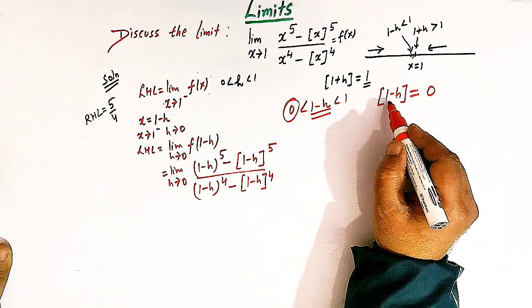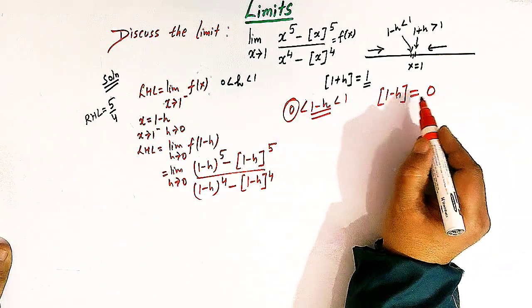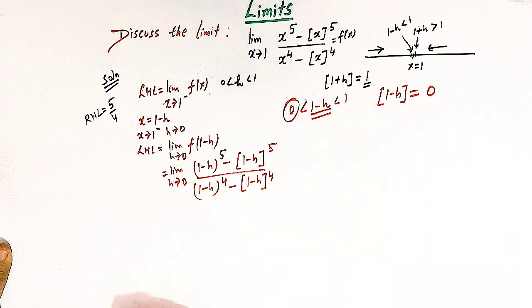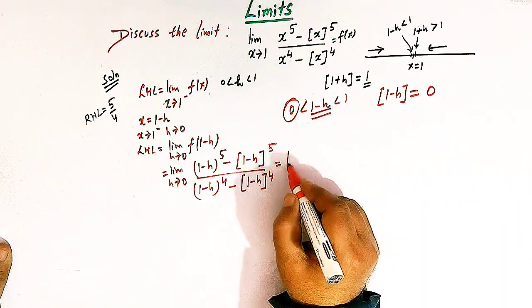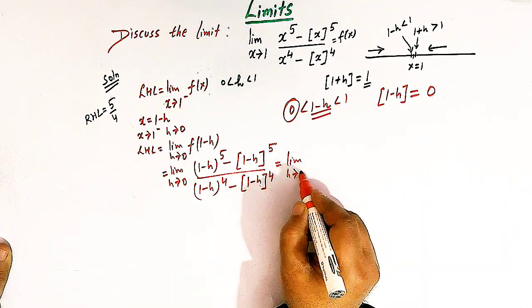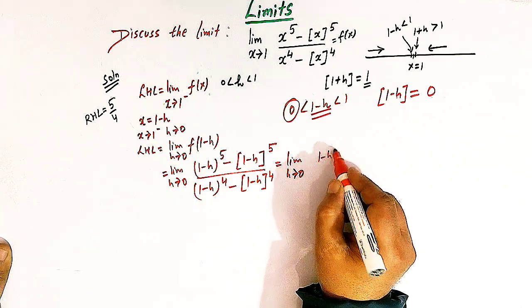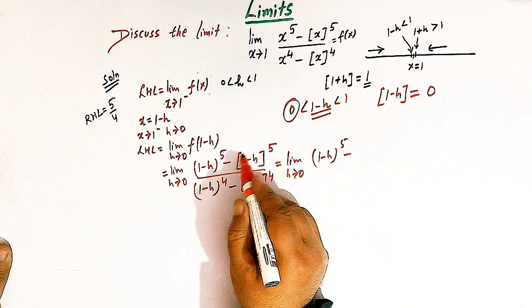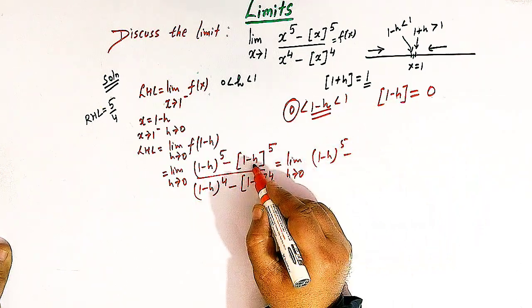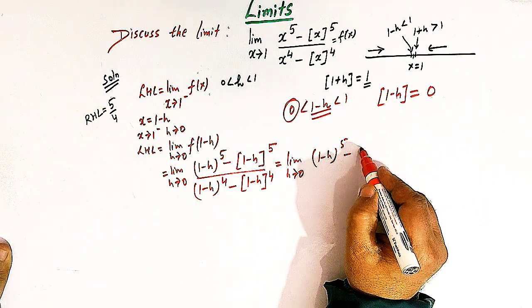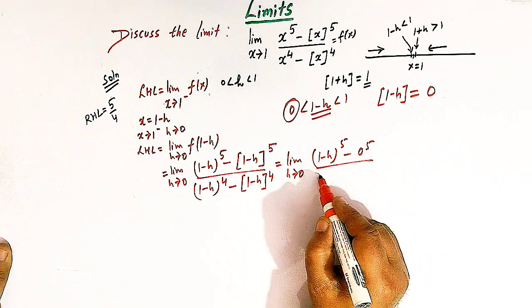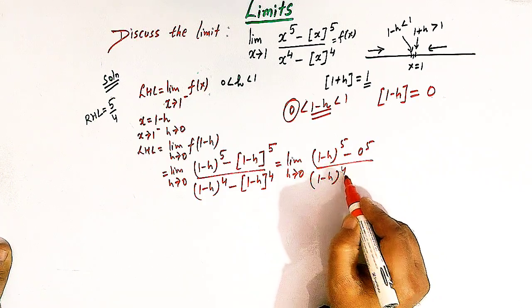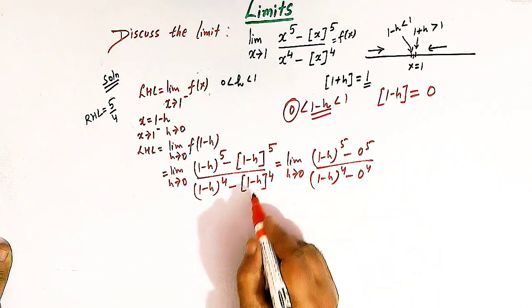Because the greatest integer which is less than 1 minus h is 0. So now here we have limit h tends to 0, and we have (1 minus h) raised to 5, and here this quantity is 0. So we have 0 raised to 5, that is simply 0, and here we have (1 minus h) raised to 4 minus 0 raised to 4.